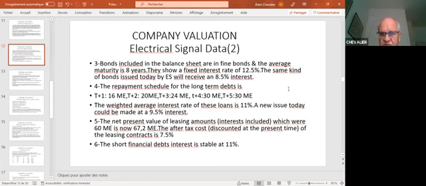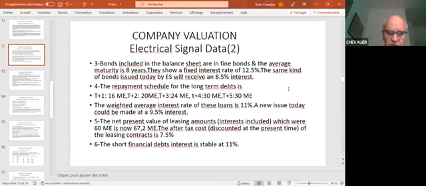The same kind of bond issued today by the same company with the same risk level will receive an 8.5% interest. So they were issued years ago with an 8-year maturity, and we are a few years after.